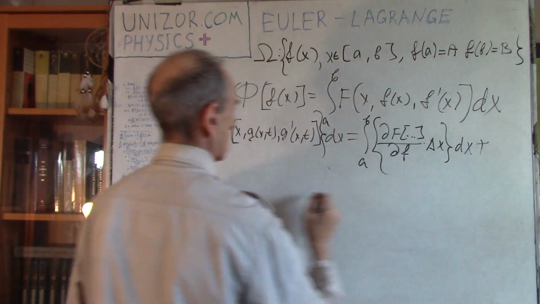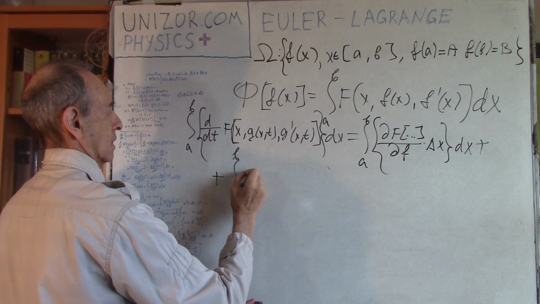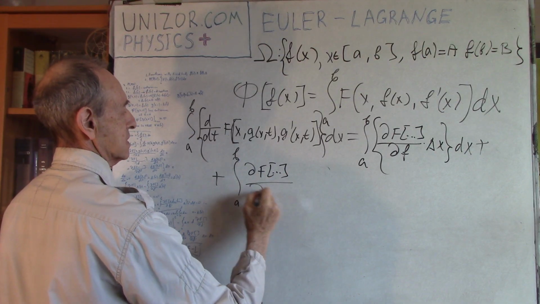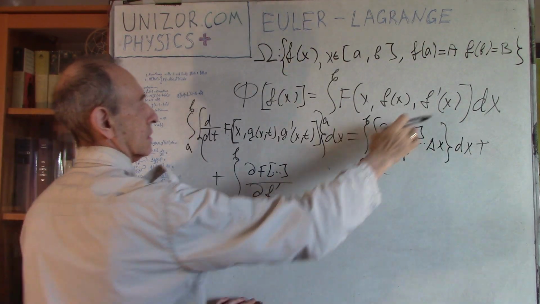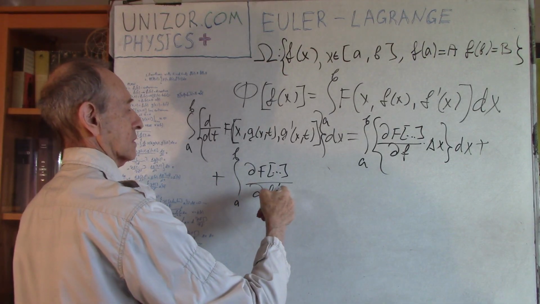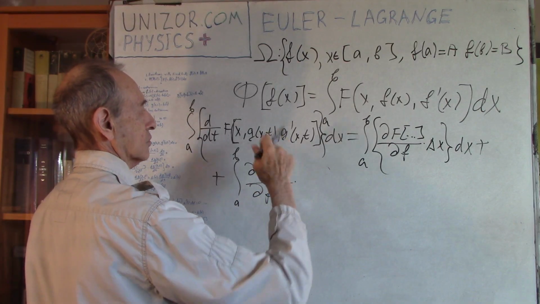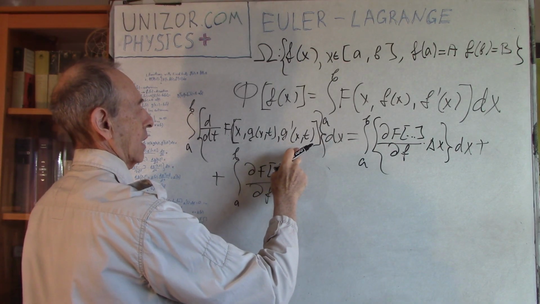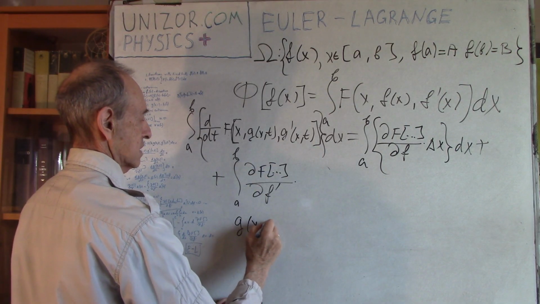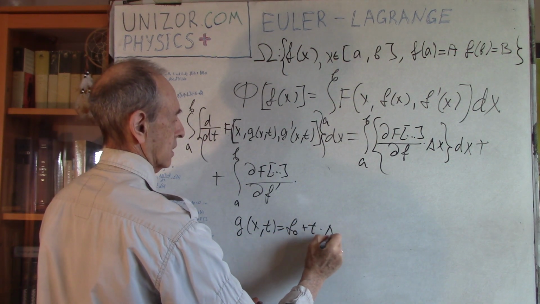Plus the third term: df by dg prime, the third argument, where instead of f I substitute g of x,t, times the derivative of this by t. Again, g of x,t is equal to f0 plus t delta.